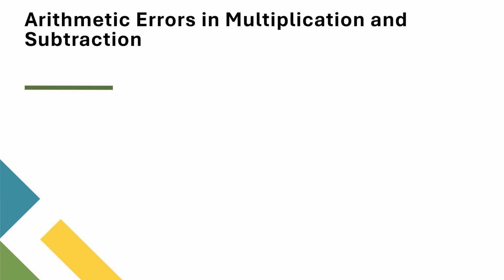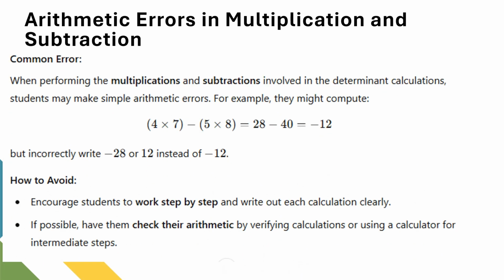The second error is arithmetic error in multiplication and subtraction. When performing the multiplication and subtraction involved in the determinant calculation, students may make simple arithmetic errors. For example, they might compute 4 times 7 minus 5 times 8, so 28 minus 40 is equal to negative 12, but instead they incorrectly write negative 28 or 12 instead of negative 12.